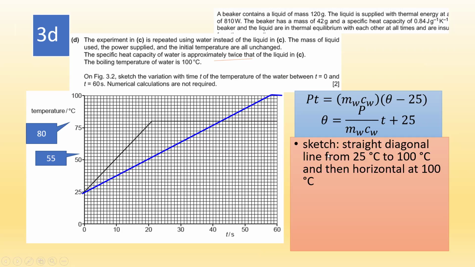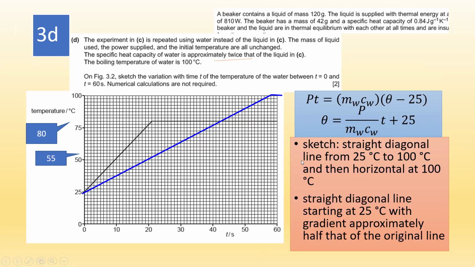Sketch a straight diagonal line from 25 to 100 degrees Celsius, and then a horizontal line at 100, which we have correctly. Straight diagonal line at 25 degrees with gradient approximately half that of the original.